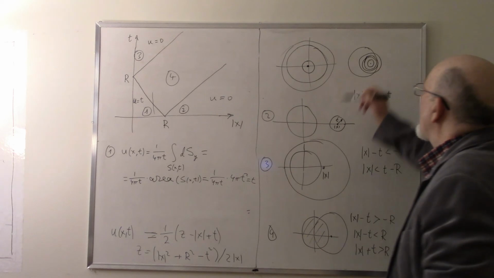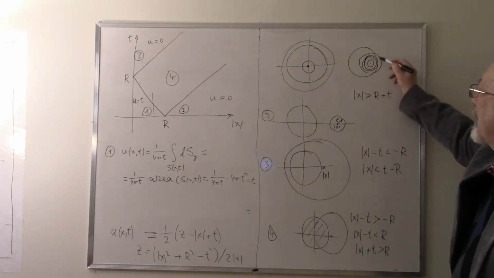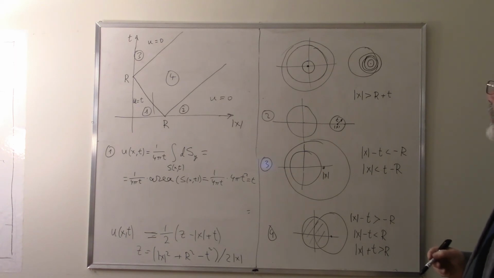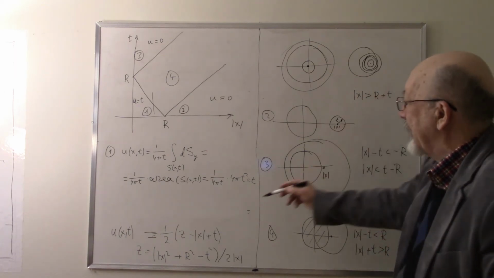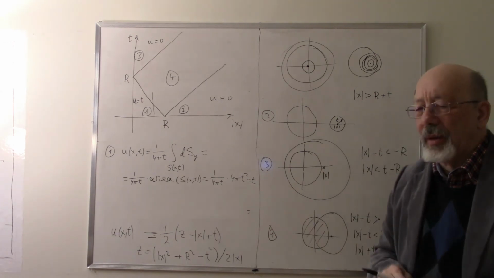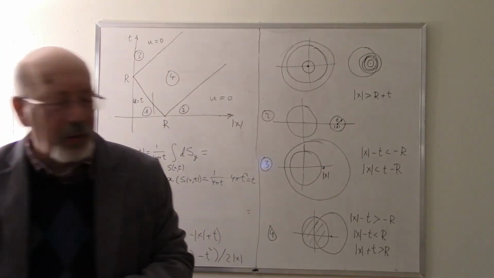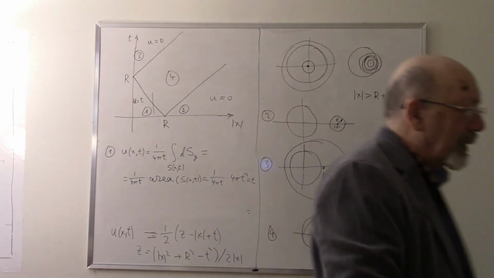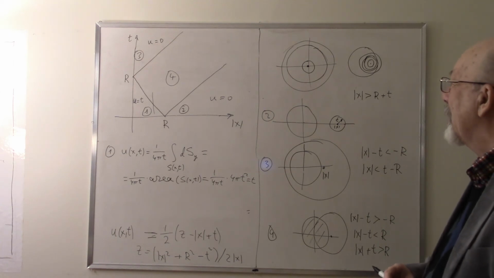This is domain number 4, where we have non-trivial intersection. Then here we have this formula, and it is an additional task, which I am not doing now, to prove that there is no jump.